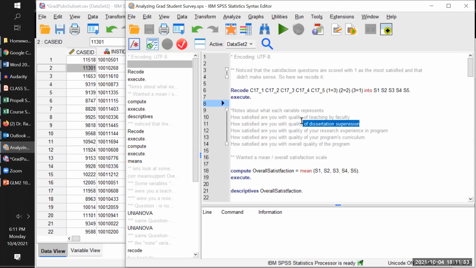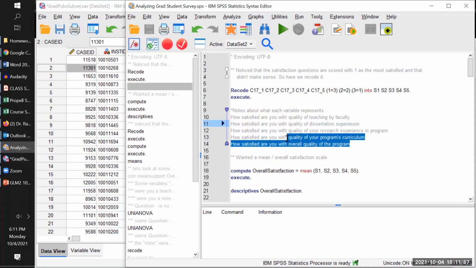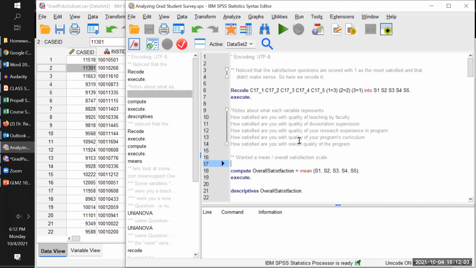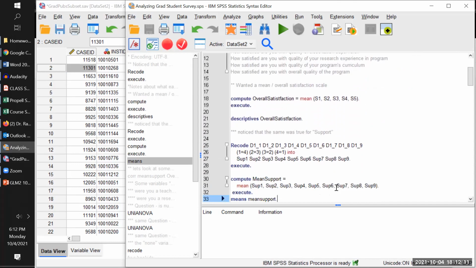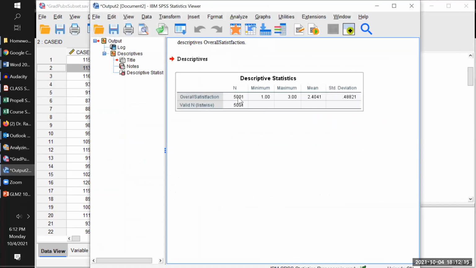With the quality of your dissertation advisor? With the quality of your curriculum? So we've got lots of information about program satisfaction. I created an overall satisfaction mean of 5 of these variables. And let's look at that. So I have about 5,000 people. The minimum is 1. The maximum is 3. Standard deviation is about 0.5.